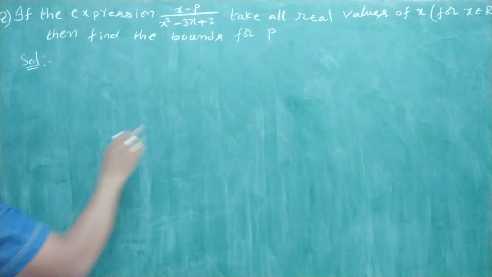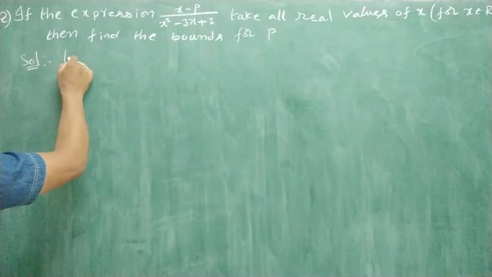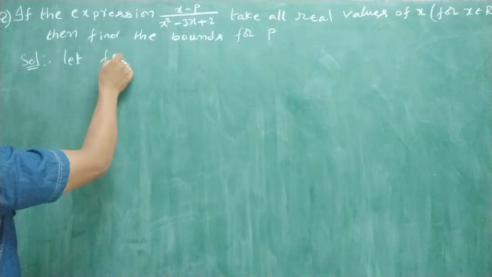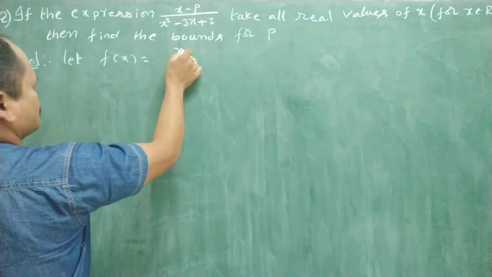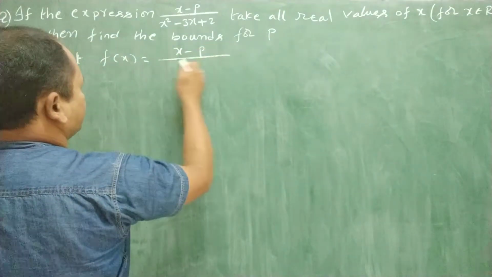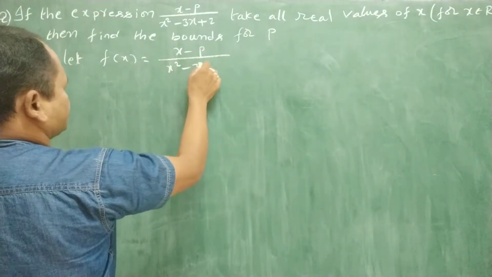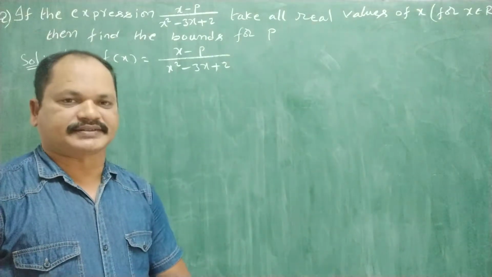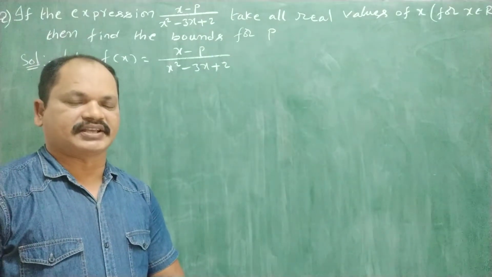Solution for this one. Let us take f of x is equal to (x minus p) by (x square minus 3x plus 2). This is the given function.